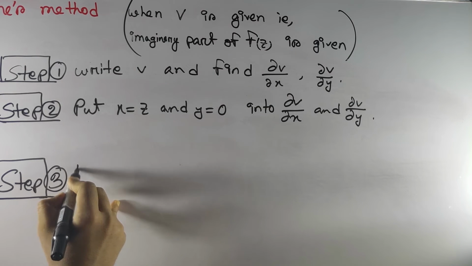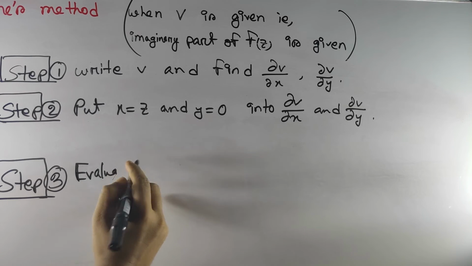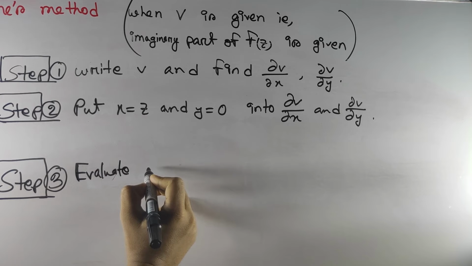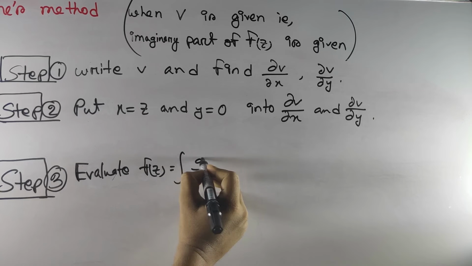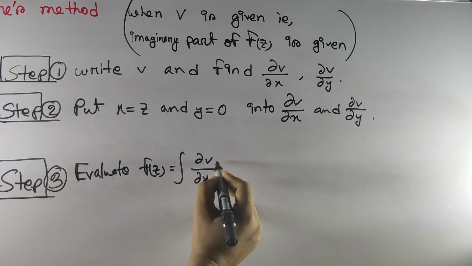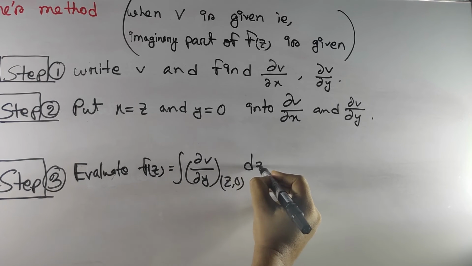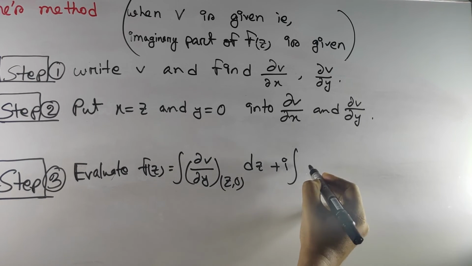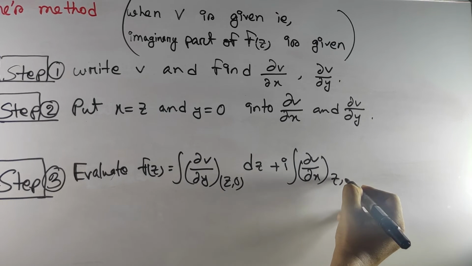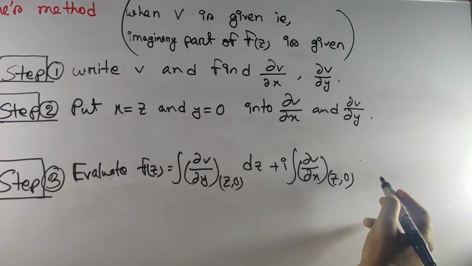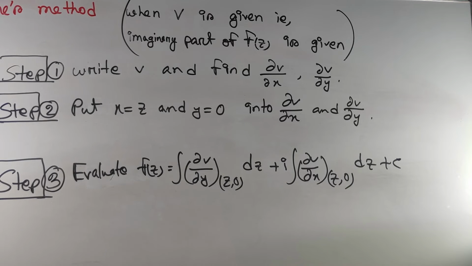Now evaluate f(z) equal to integration of del v del y (z, 0) dz plus i del v del x (z, 0) dz plus c. c is an arbitrary constant.